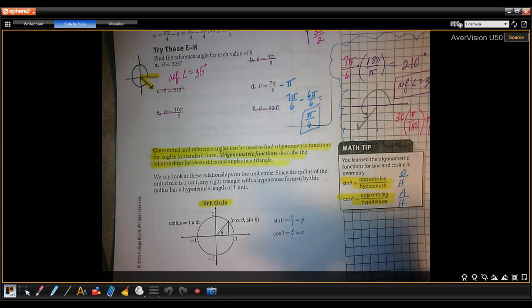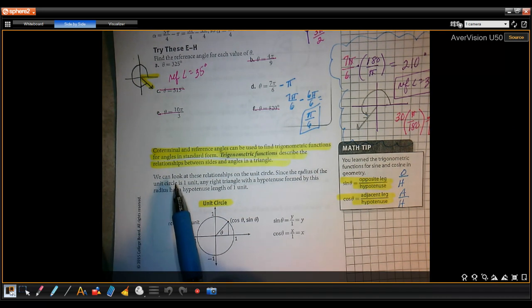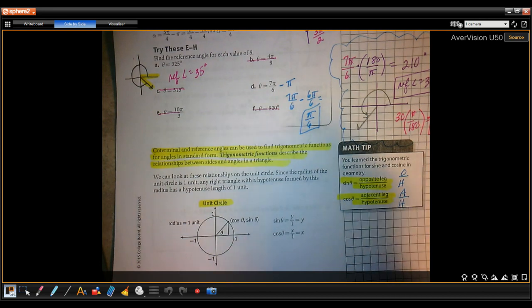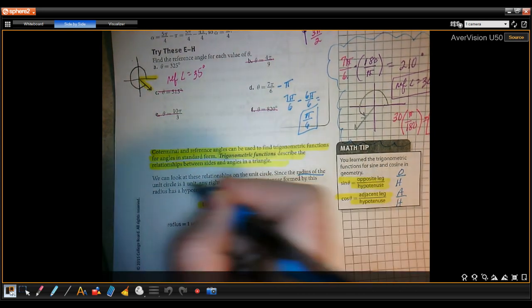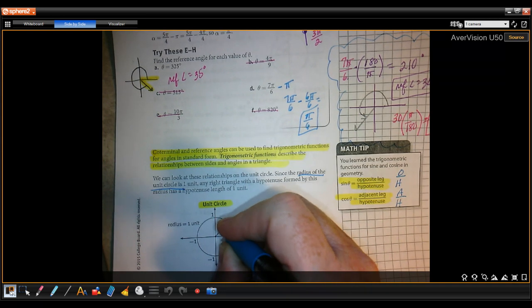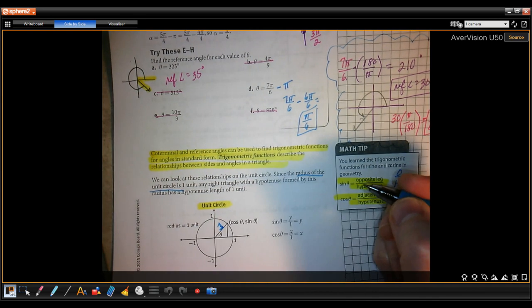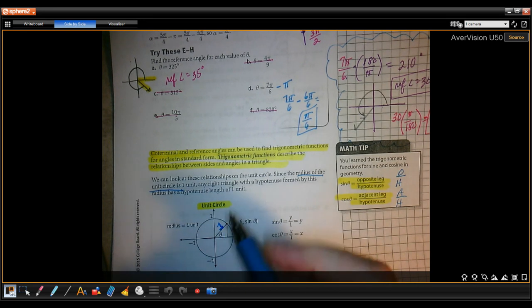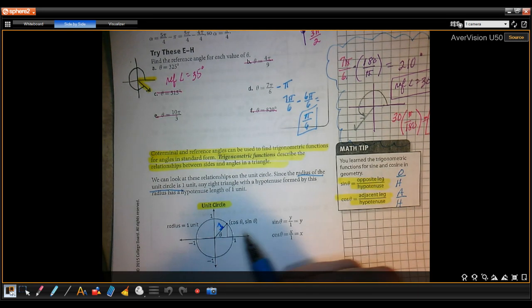Okay, so it says you can look at these relationships in a unit circle since the radius of the unit circle is 1. So this right here is the radius, which is 1. Here is theta. Sine of theta is opposite over hypotenuse.